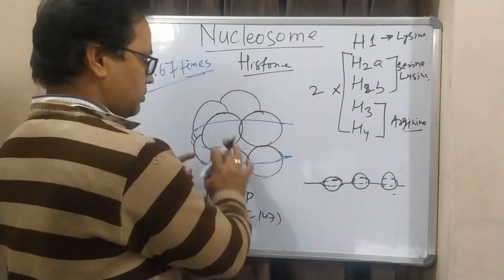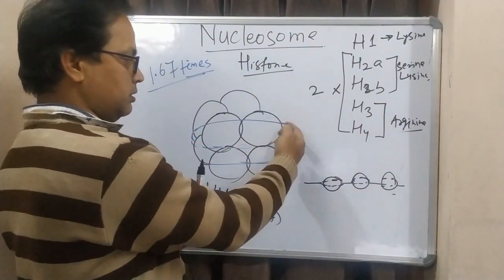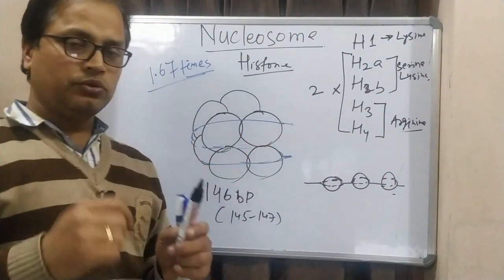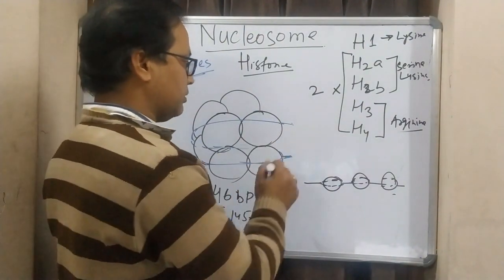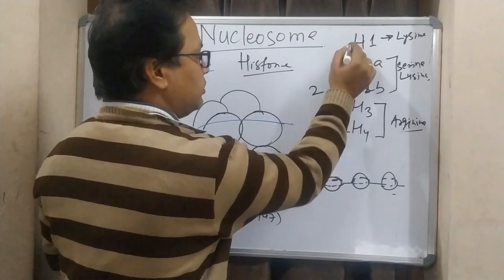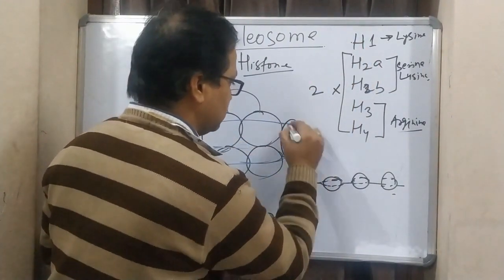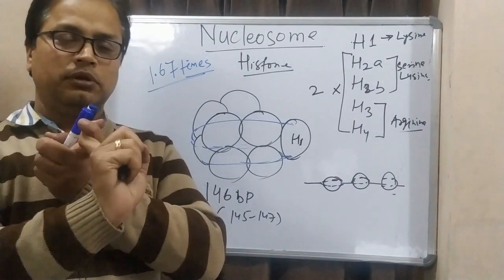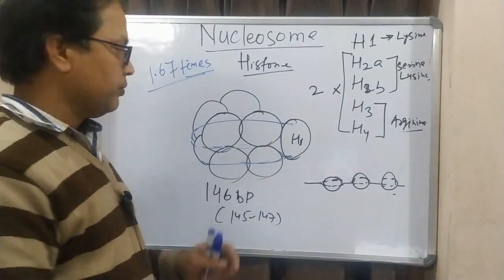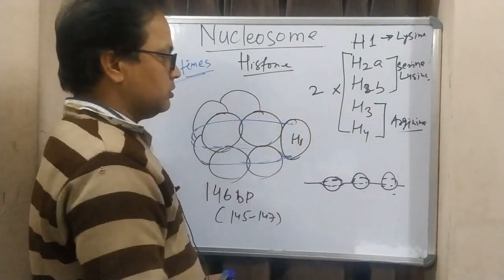Once the DNA is wrapped on the histone octamer, it is not completely locked. So it can be wrapped, and it can be unwrapped. To stop that, H1 forms a locking, a knotting, so it will be almost closed.